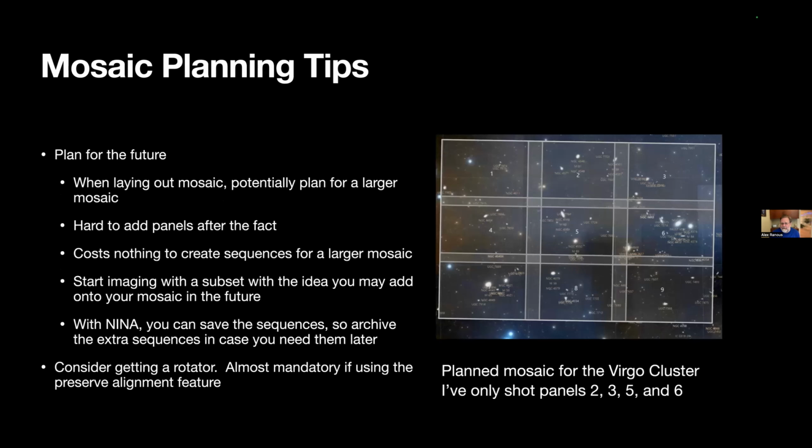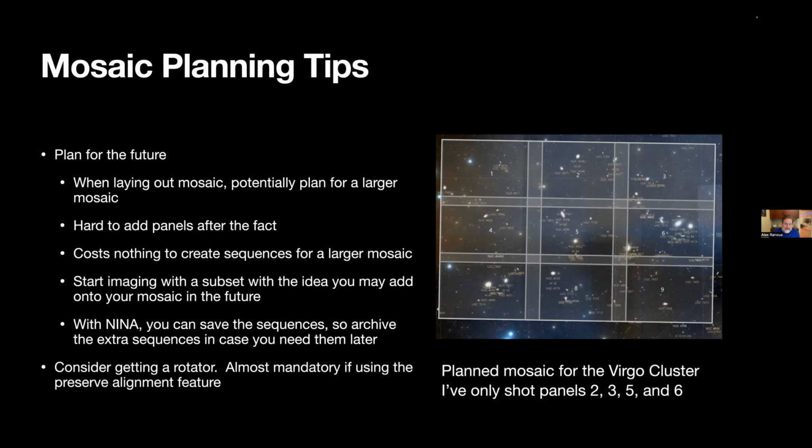My other recommendation for mosaics is to plan for a mosaic much larger than you're prepared to shoot now. I have, with a 2-panel mosaic, 4-panel mosaic, like the example I earlier showed you with the Tulip Nebula, added panels onto that after the fact.